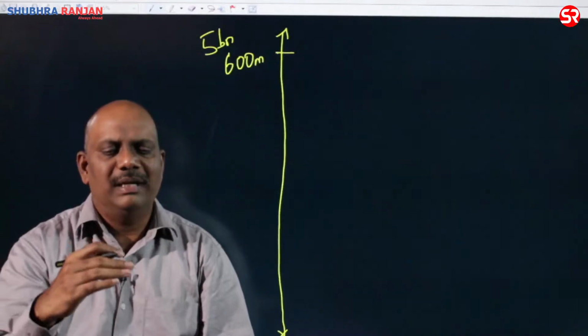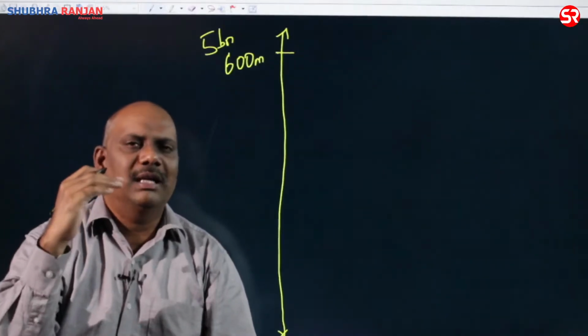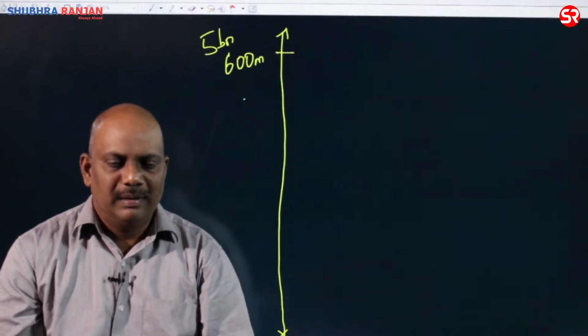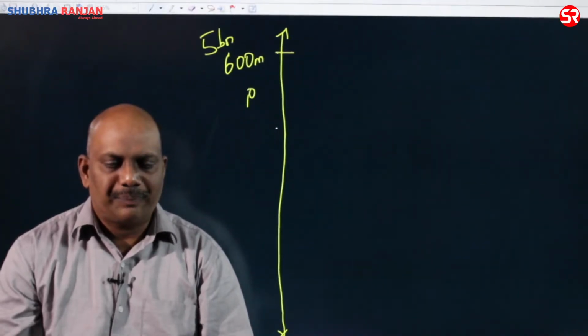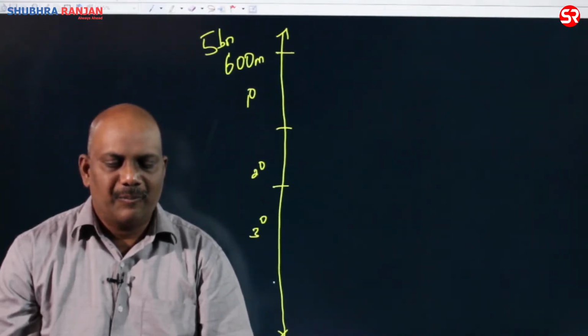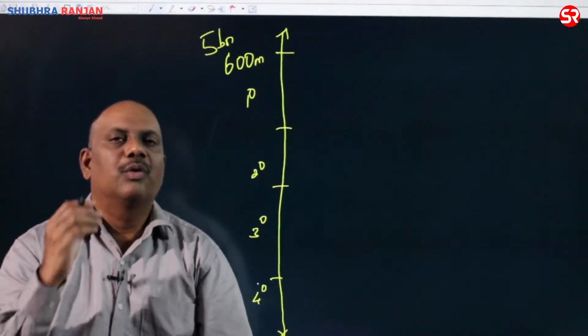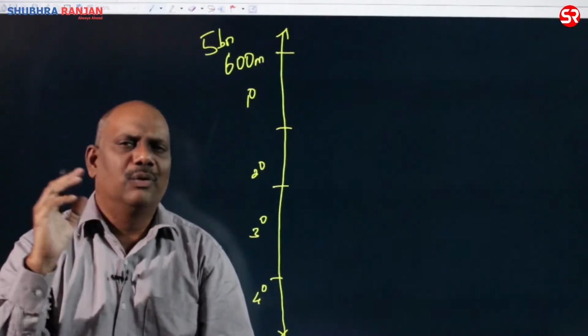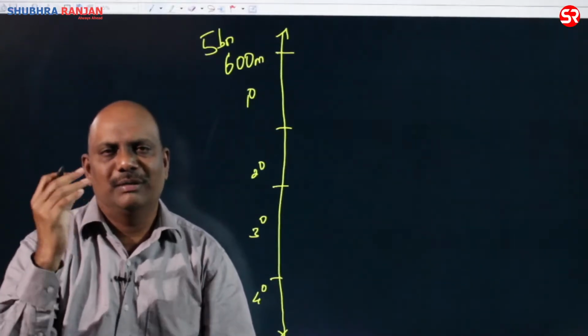The 600 million years has been classified into 4 important phases: primary period, secondary, tertiary, and then quaternary. So no need to worry about Paleozoic, Cenozoic, Mesozoic.